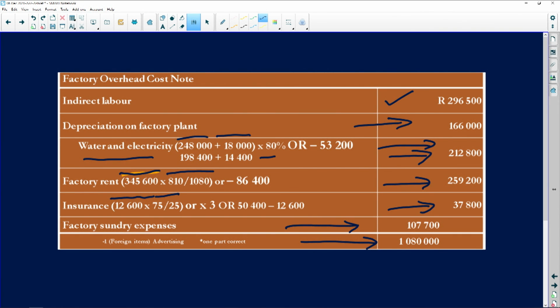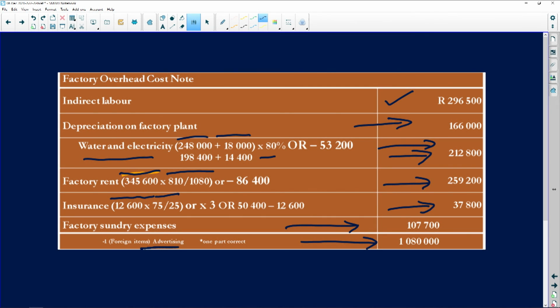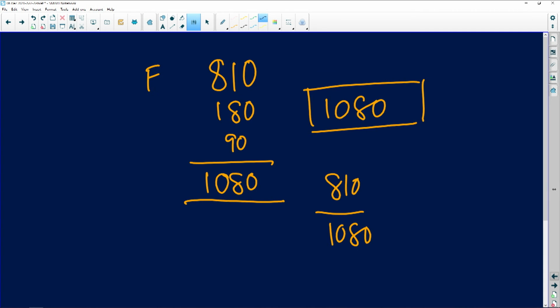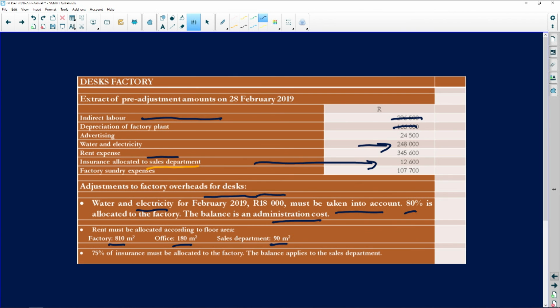Now remember, once again, if you bring in an item like advertising into your factory overheads, because remember, it's given to you. Let's illustrate it so you can see it there. There we go. Advertising has absolutely nothing to do with the factory.